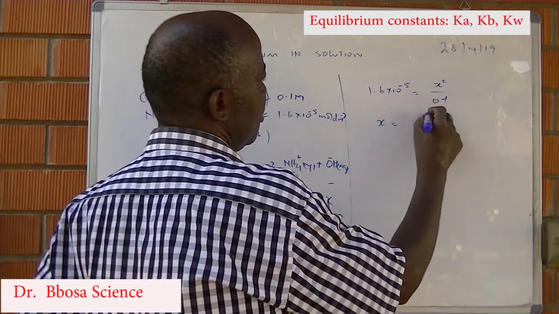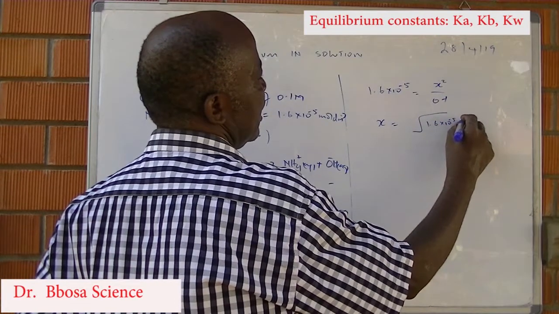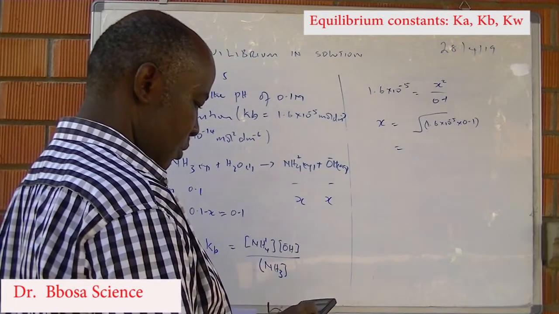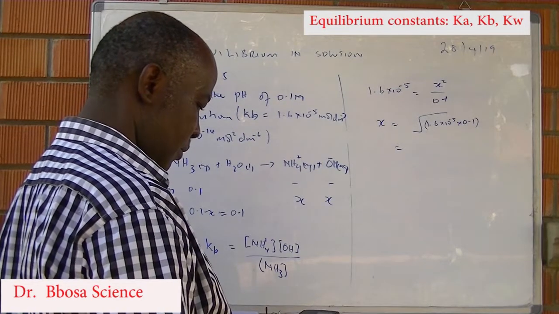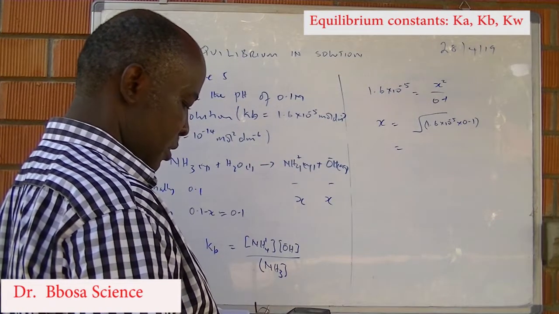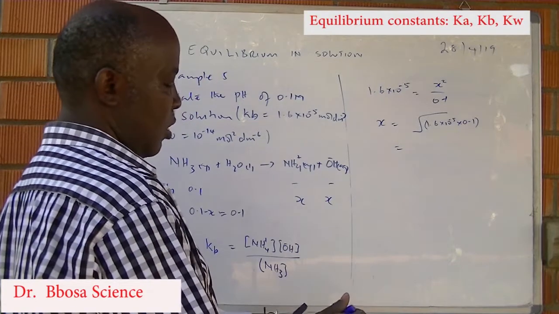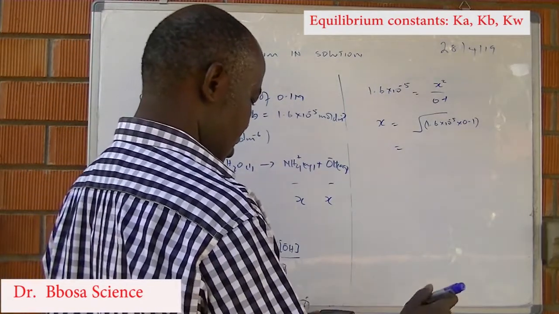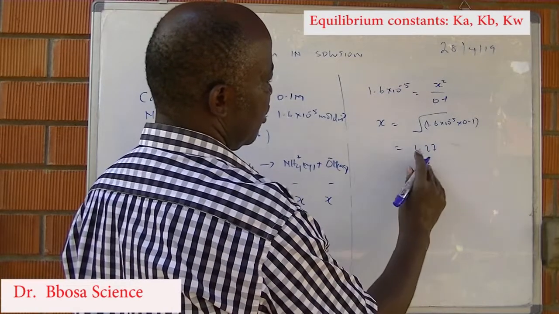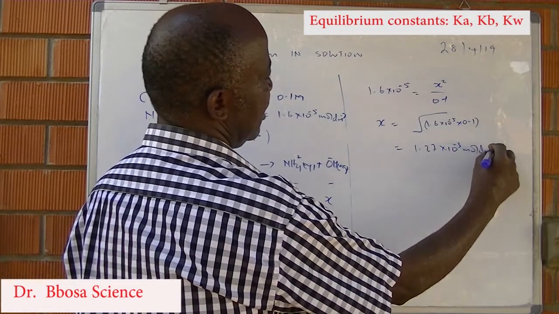So x will be the square root of 1.6 times 10 to the power negative 5 times 0.1, which is equal to 1.27 times 10 to the power negative 3 moles per decimeter cubed.